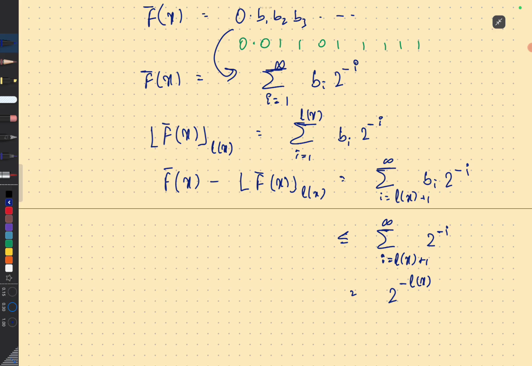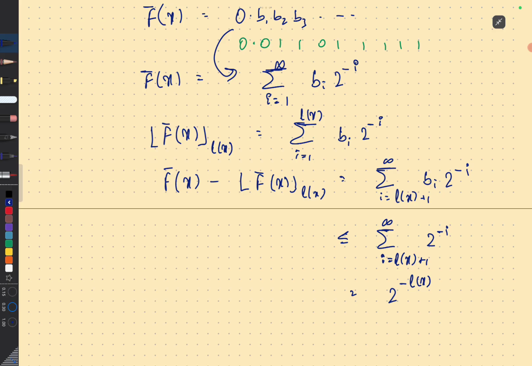I first find the summation i equal to 1 to k of Ci times 2 to the minus i. This is some real number between 0 and 1.